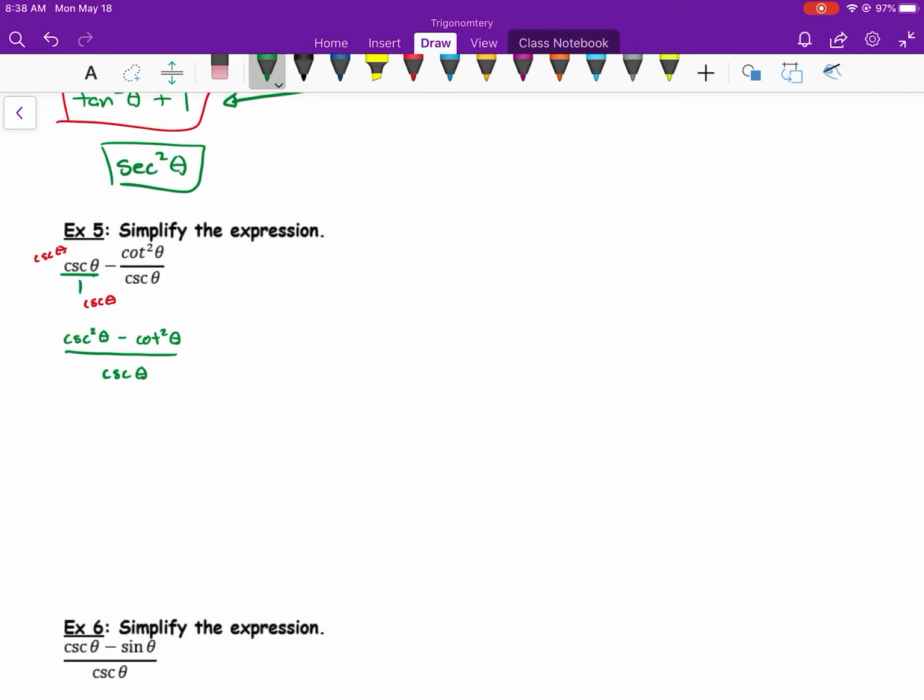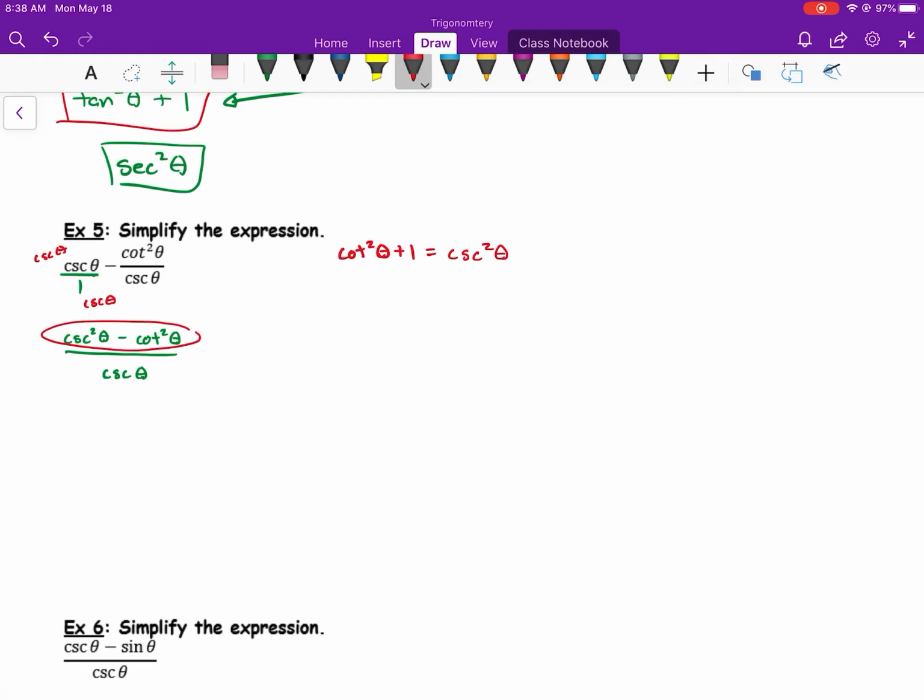Alright, so looking at this, I'm looking at my reference sheet, looking for cotangent or cosecant. I see I have one that has both of them. So my identity is cotangent squared of theta plus 1 is equal to cosecant squared of theta.